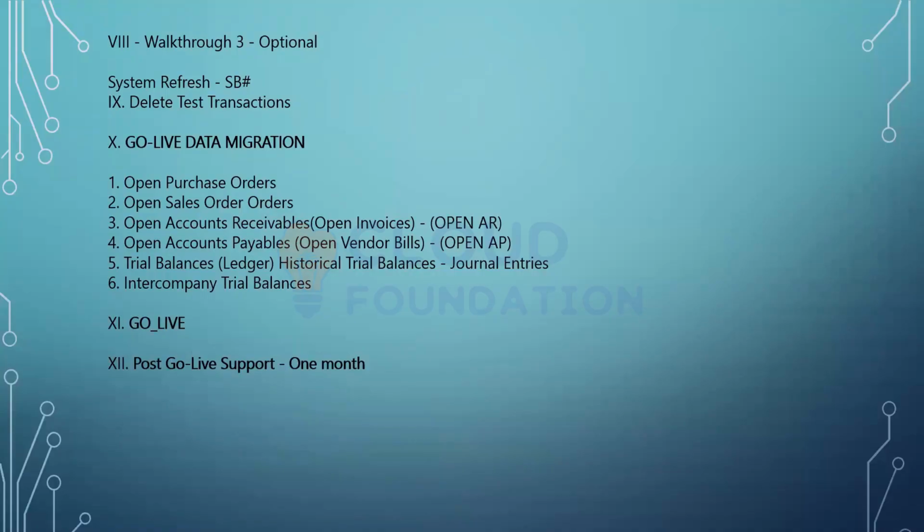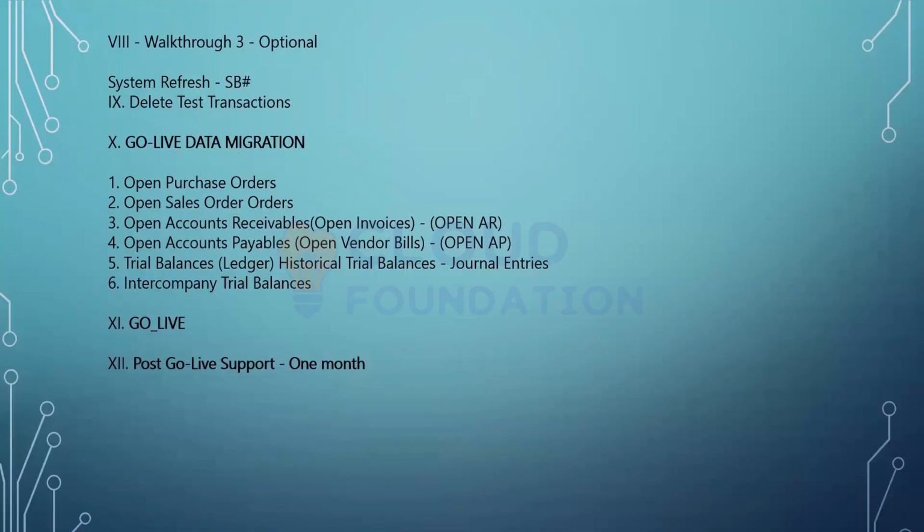Only the transactions like purchase orders, sales orders, journal entries, advanced journal entries, FAM depreciation entries, it could be your work orders, assembly builds, all these things will be deleted. Correct. Because you do not want to carry forward the balances onto these accounts.